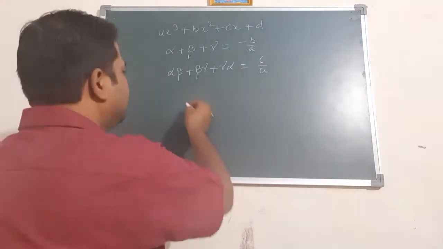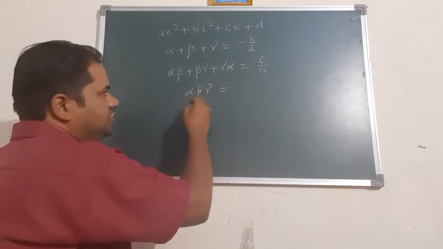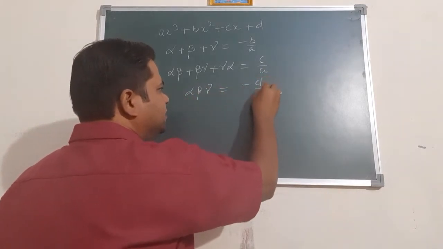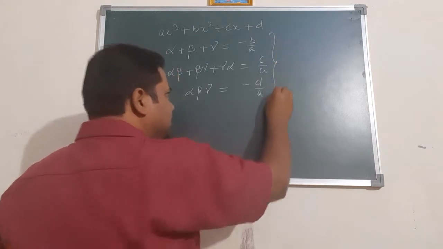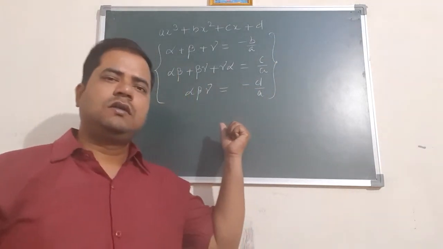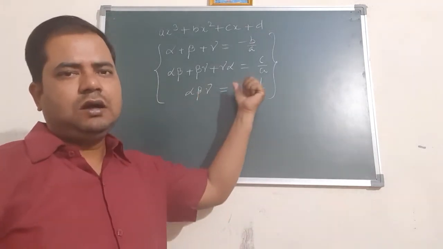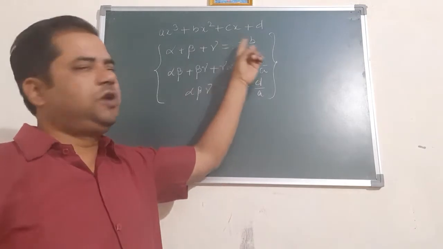And similarly, the product alpha beta gamma of this polynomial is nothing but minus d by a. So this is the relation between the zeros of the polynomial and the coefficients for a cubic polynomial.